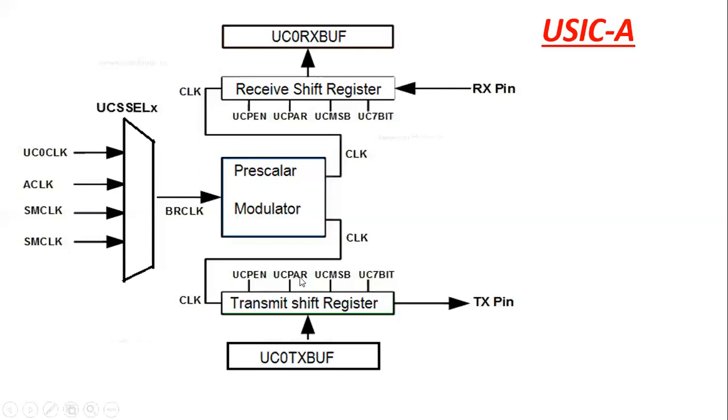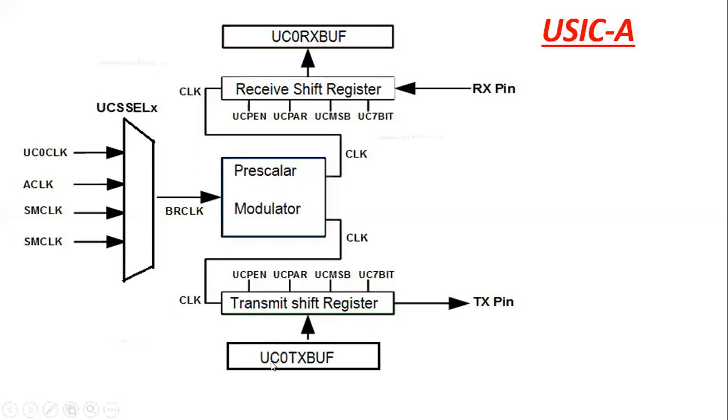Then parity enable, that means whether you are transmitting along with parity or not, will be used for parity enable. So I'll repeat: this will be used for parity enable. Here this will be used for even parity or odd parity. Here this will be used for either MSB or LSB. Here this bit is used for 8-bit or 7-bit.